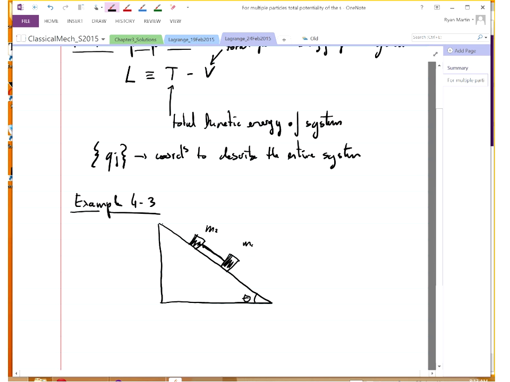And let's say the blocks are linked by an incompressible massless rigid bar of length L. And furthermore, let's assume there are forces of friction on these blocks equal to lowercase f1 and lowercase f2.